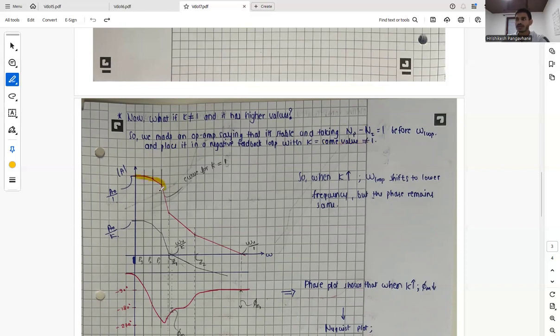We have this curve for k equals 1, and when k is not equal to 1, our DC gain is divided by k, which is basically our loop gain.